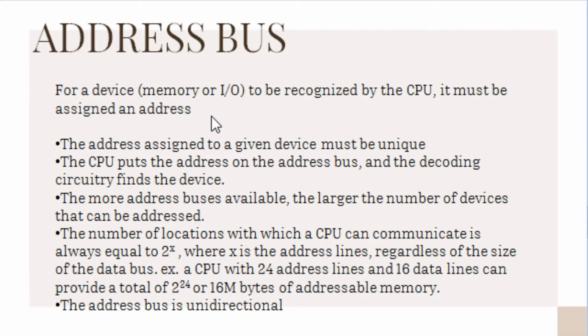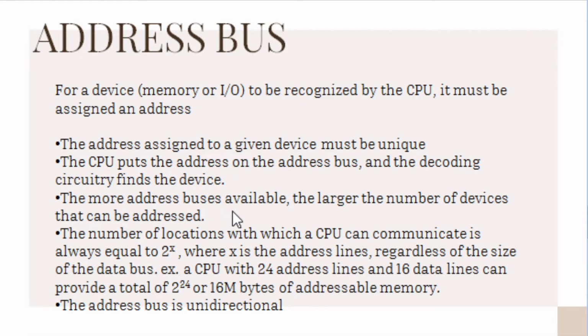No two devices can have the same address. The CPU puts the address on the address bus and the decoding circuitry finds the device. The CPU is giving the address through the address bus, and there is a decoding circuitry that recognizes the device.